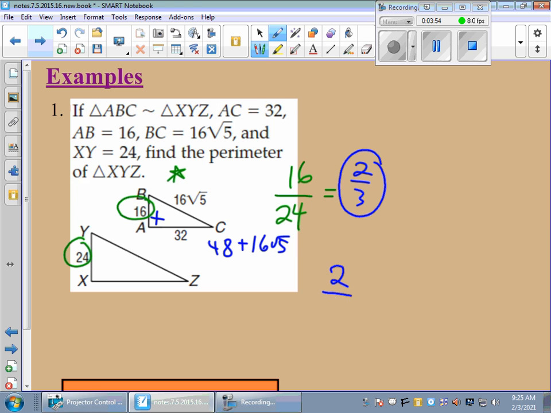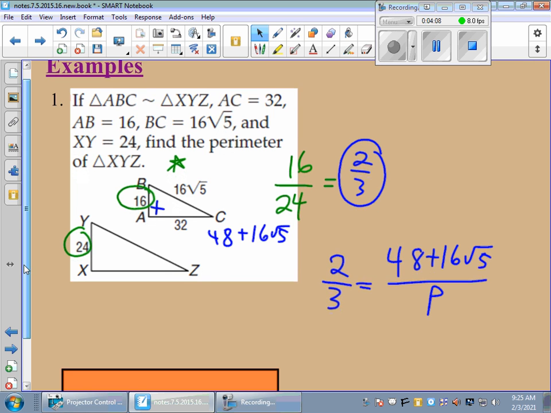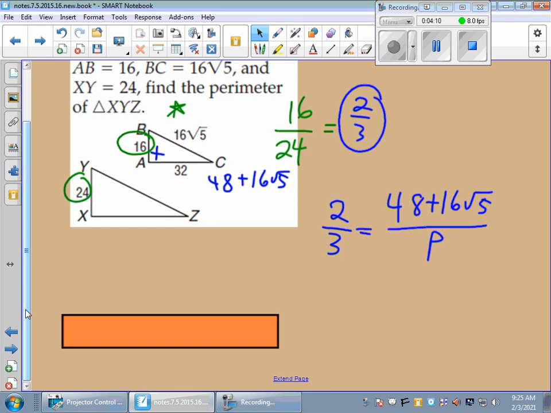So 2 over 3, and the 2 was with the 16, so this is going to go on top, equals 48 plus 16 square root of 5. And the reason we're doing this is just to get used to working with square roots and to know that if we can't make that a decimal, we can still work through this problem. So what we do is 2p equals 3 times the 48 plus 16 square root of 5.